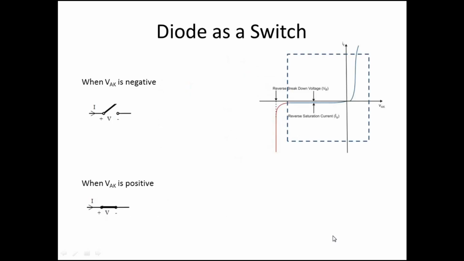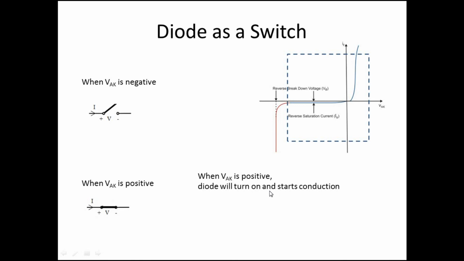Okay, again we told that we can use the diode as a switch, and we discussed we can increase the power capability by increasing the current capability and voltage capability. So we know that when VAK is positive, the diode will turn on and start conduction.